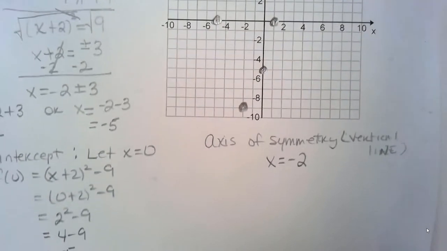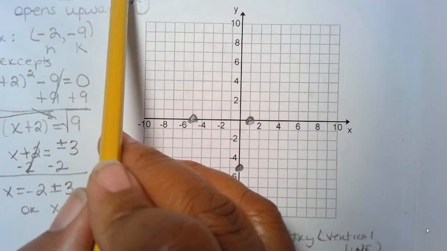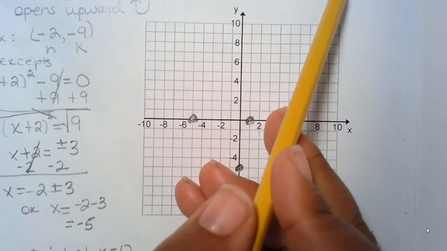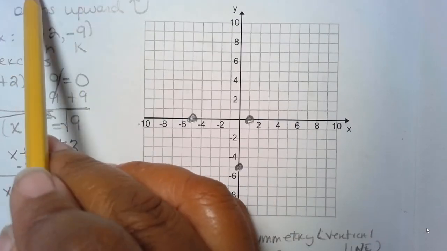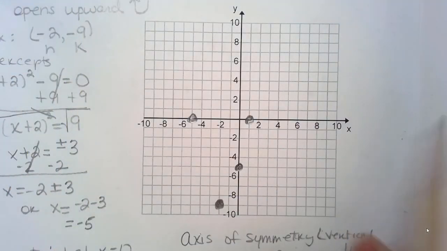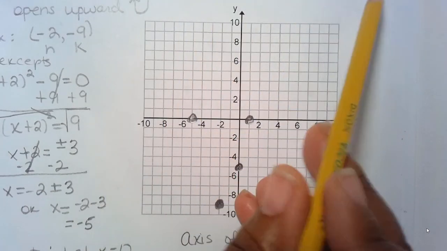Example 2a says use the vertex and the intercepts to sketch the graph of each quadratic function. Give the equation of the parabola's axis of symmetry that we found, and then use the graph to determine the function's domain and range.